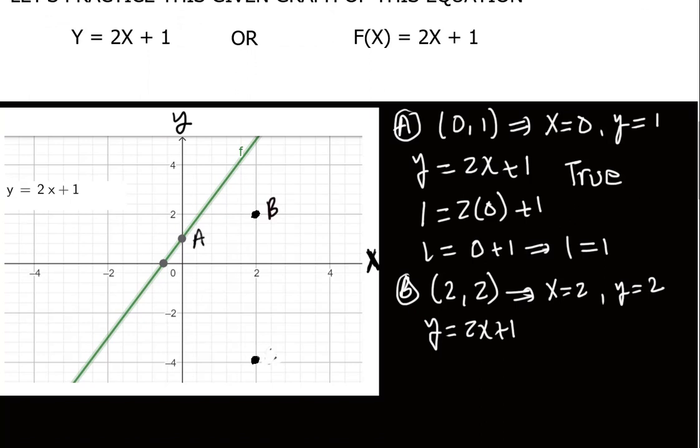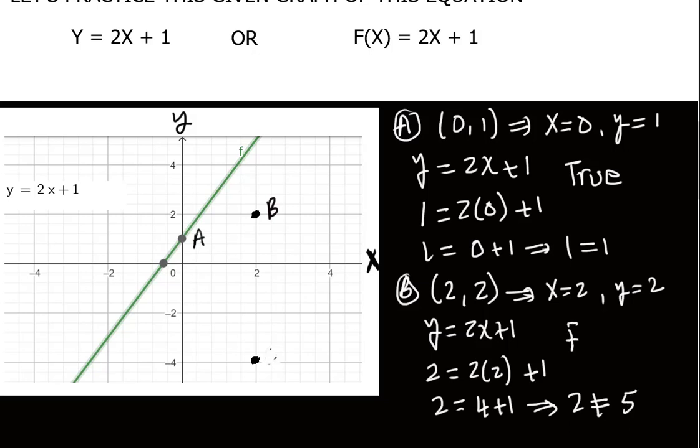The y value will be 2, so we use direct substitution by replacing y with 2. Then 2 equals 2 times 2, plus 1. 2 times 2 is 4, 4 plus 1 is 5, which shows 2 is not equal to 5. So this is false.